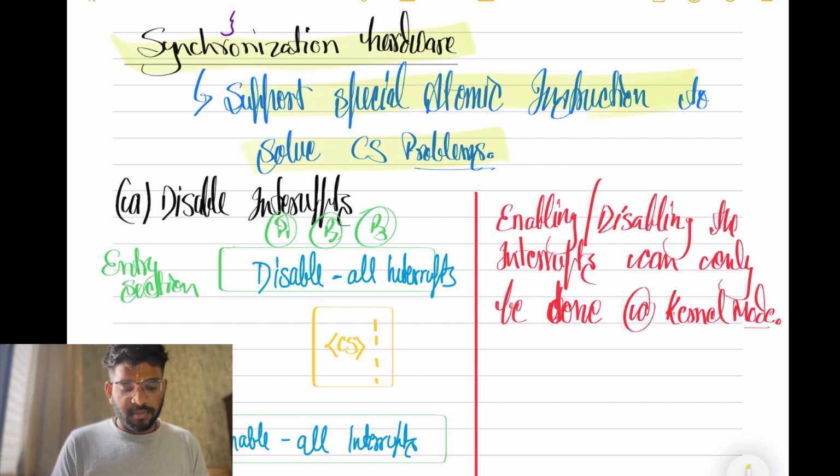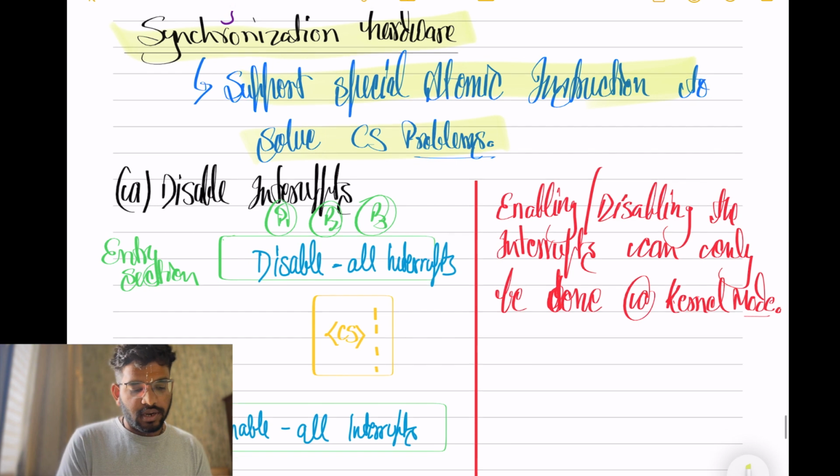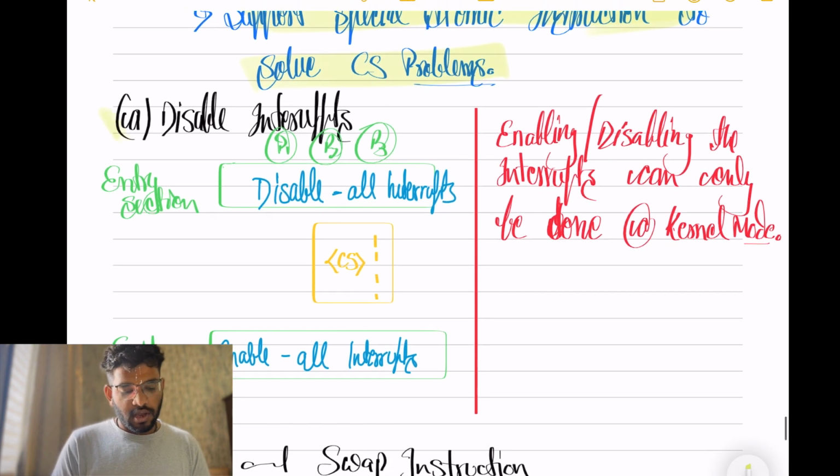So the first solution is that when P1 or any process wants to execute the critical section, it first disables all the interrupts. Its entry section is made such that it disables all the interrupts. And when it completes its execution of the critical section, it will enable all the interrupts.